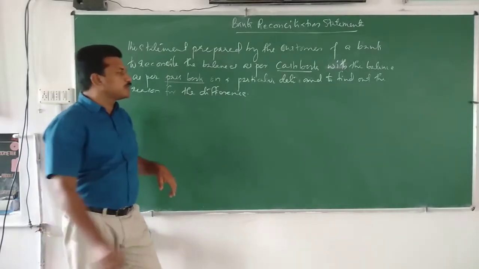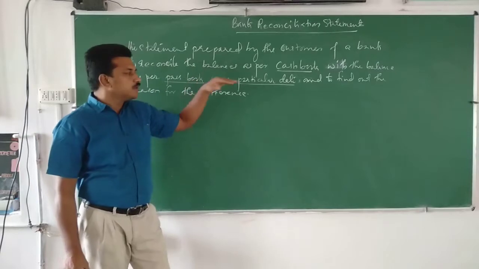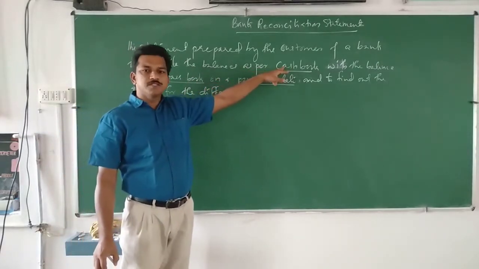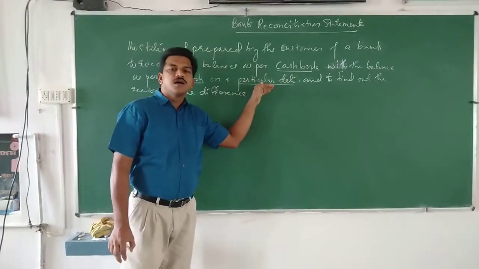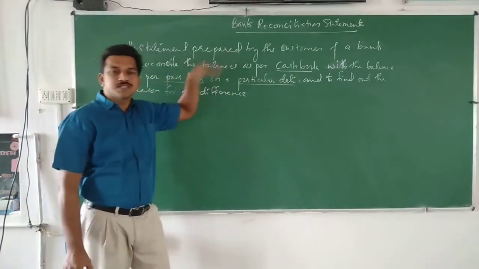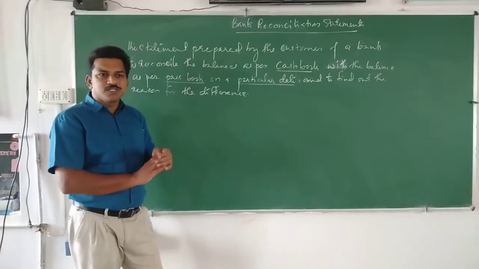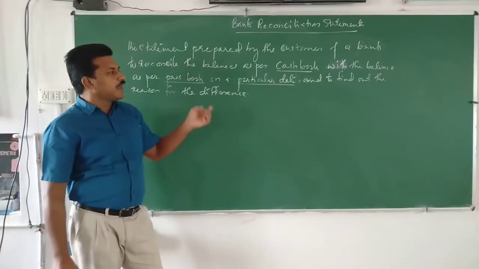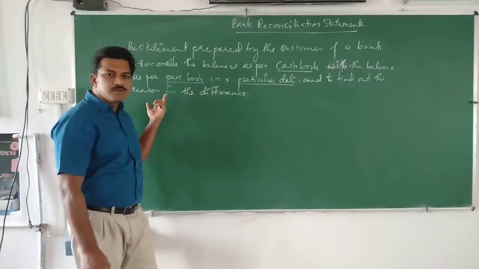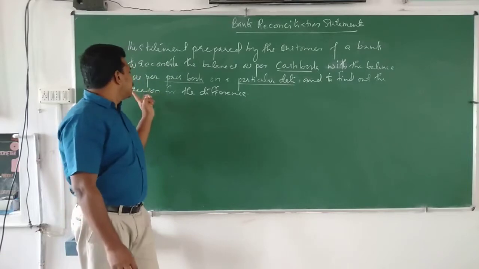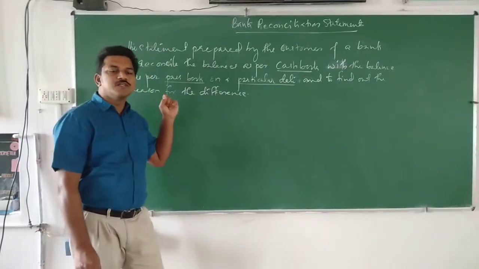It is prepared on a particular date, and it shows the balance in the cash book and the balance in the passbook on that date. That should be rectified or reconciled, that means adjusting the difference. Reconciliation means adjusting the difference. And what can be found out? The reason for the difference or the reason for the disagreement.